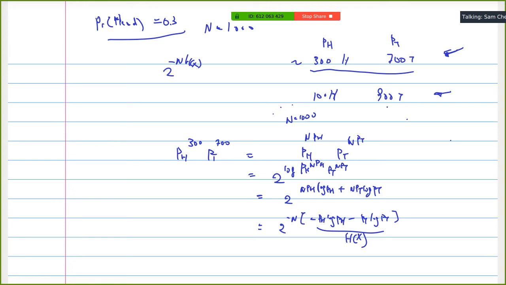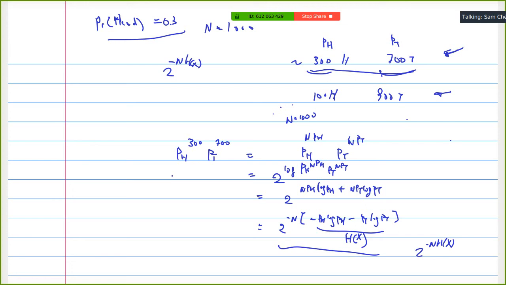Let's go through a loop here and go back to what the intuition is. If you have a sequence drawn from that, you expect about 300 heads and 700 tails, right? And you look at the probability, it should be 2 to the minus n H. If the coin is biased and we flip it 1,000 times, then we expect approximately 300 and 700.